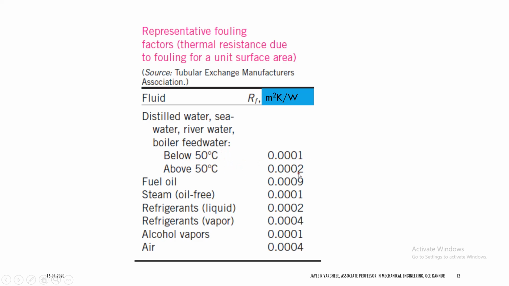Above 50 degrees Celsius, it will be 2 into 10 raised to minus 4 meter square Kelvin per watt. And for fuel oil, it will be like this. Steam oil, you can have like this, all these values. These are some values which can be used. So this table is taken from a textbook. You have to refer to your HMT data book to use it in the examination hall.